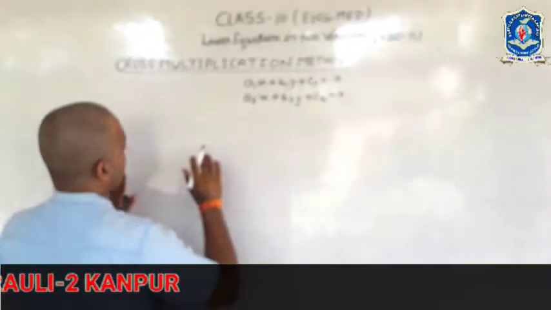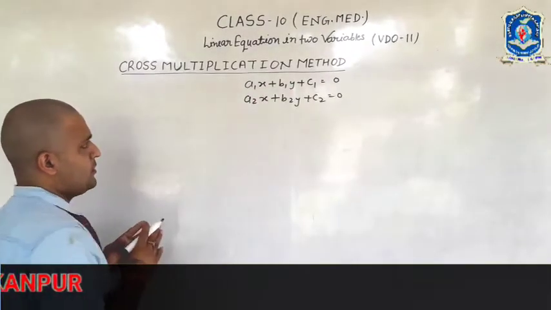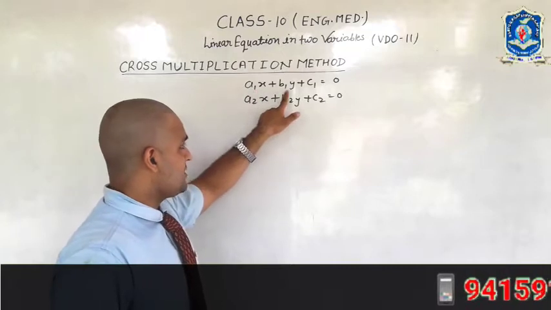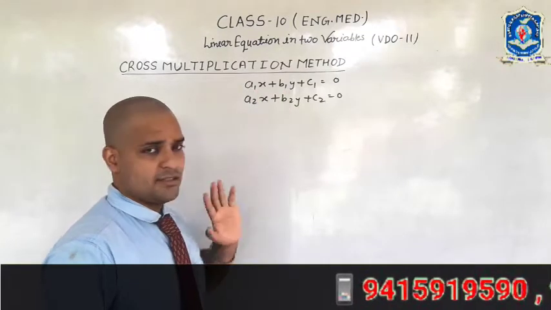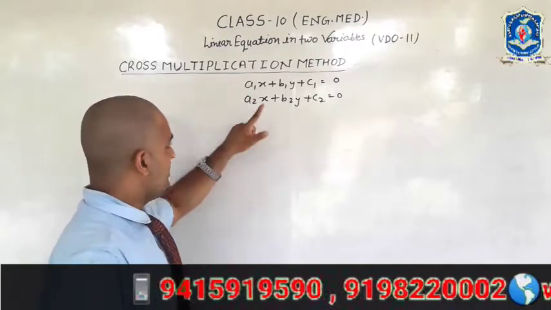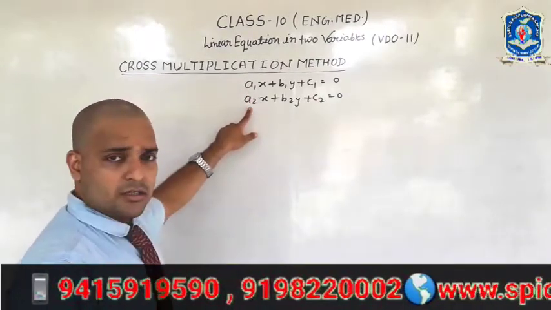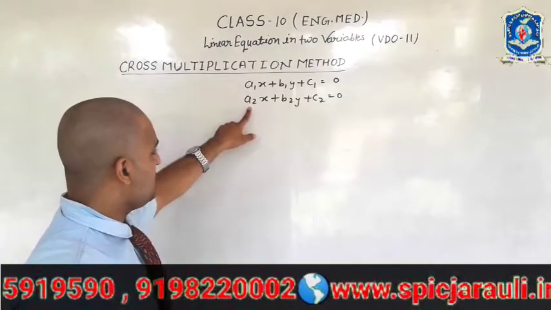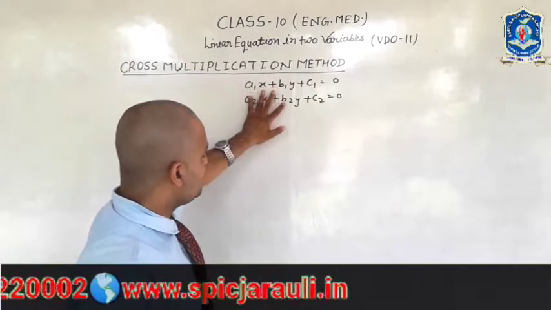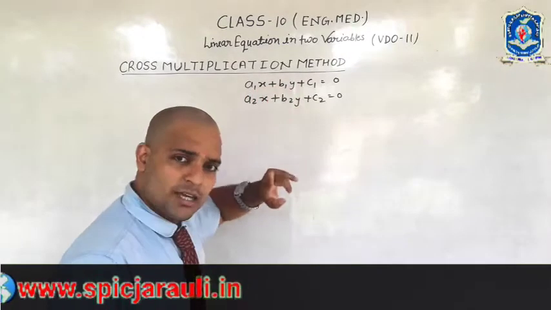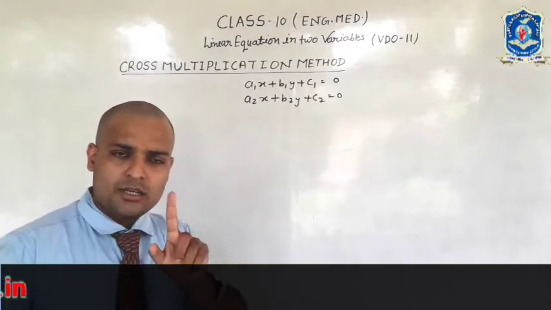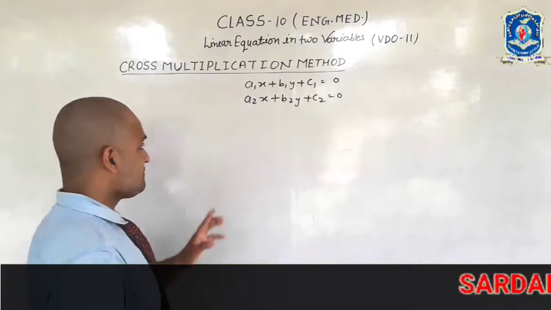This is the first equation and this is the second equation. a1 and a2 are the coefficients of x, b1 and b2 are the coefficients of y, and c1 and c2 are the constant terms.